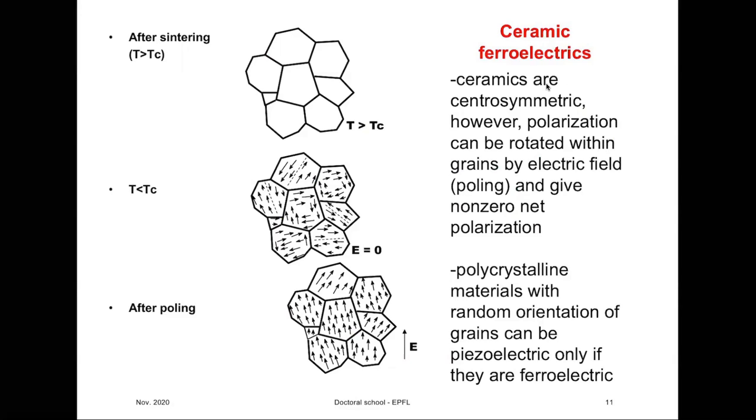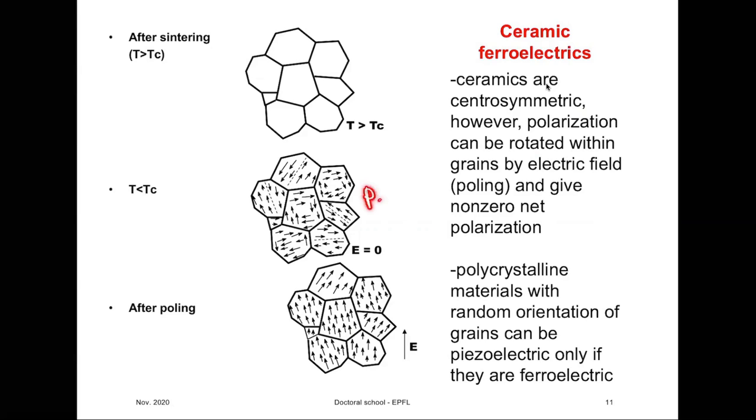After sintering, at temperatures higher than the Curie temperature, we will have cubic grains, no polarization. Then as we cool the material and go to TC, the polarization will develop and domain walls will be formed in the material, so that, because of the random arrangement of the grains and presence of domains, the net polarization is equal to 0.